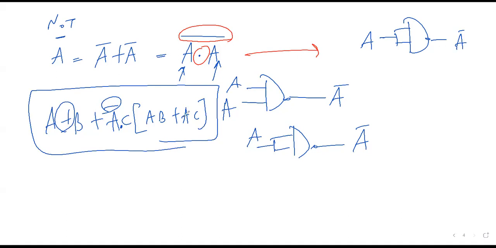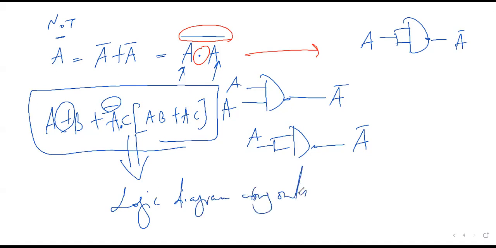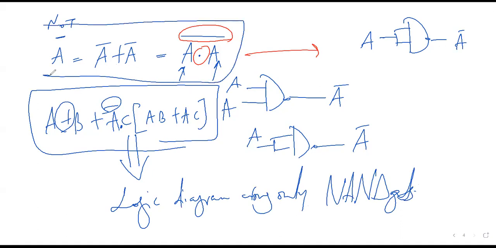You'll be asked to give us the logic diagram using only NAND gates. How do you do it? You need to know this manipulation. That's why I'm putting a lot of emphasis on this. You need to learn that manipulation.